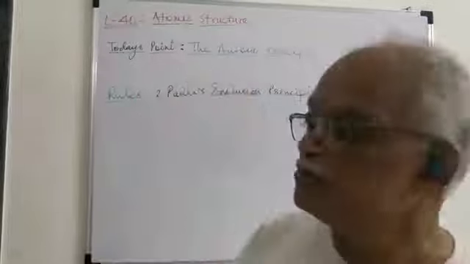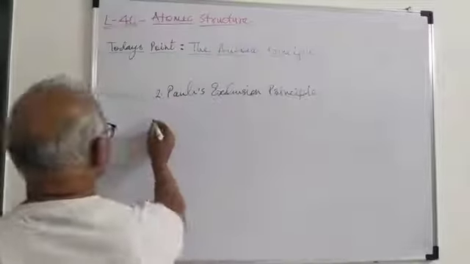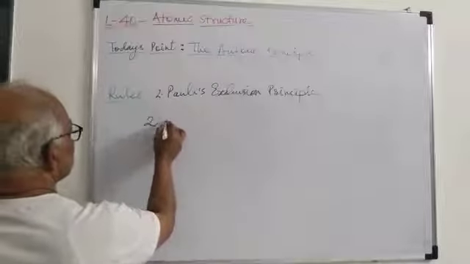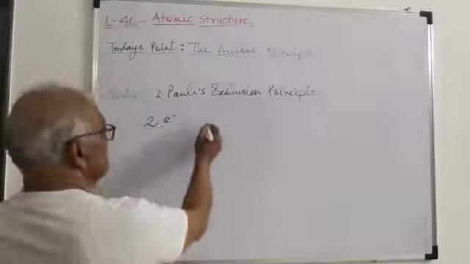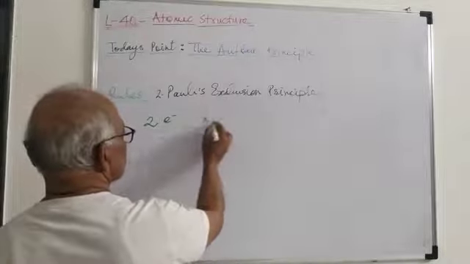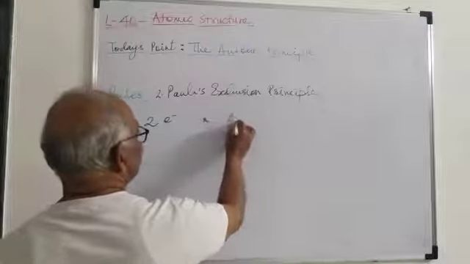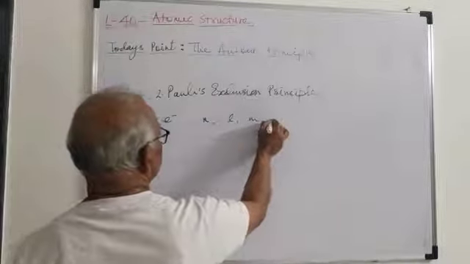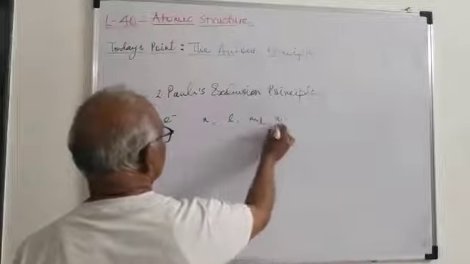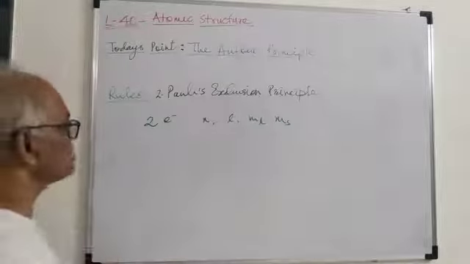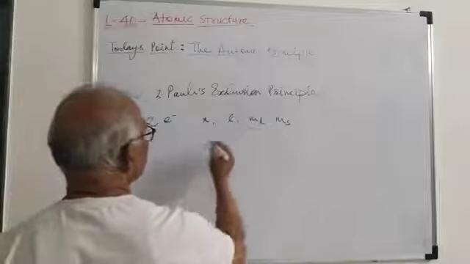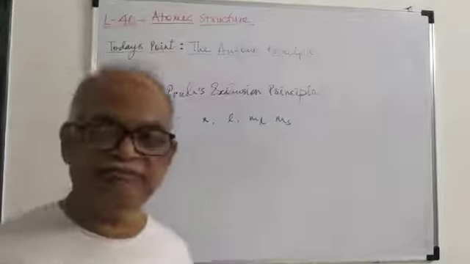In short, say we are considering 2 electrons. Then there are specific values of n, l, m_l and m_s. For every electron, these 4 values should not all be the same.